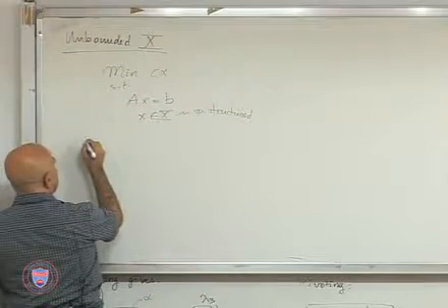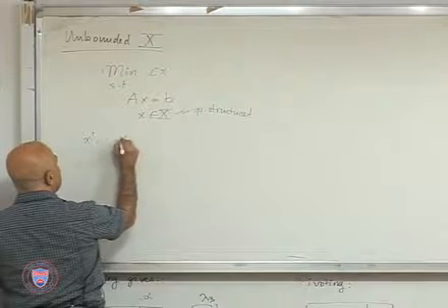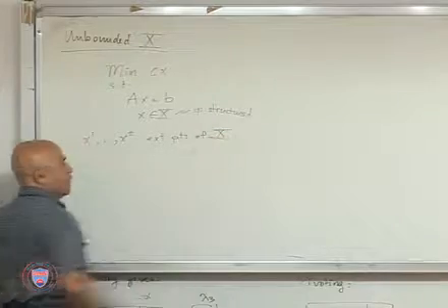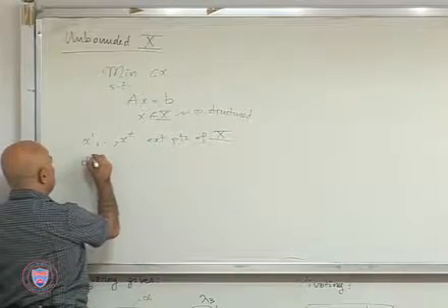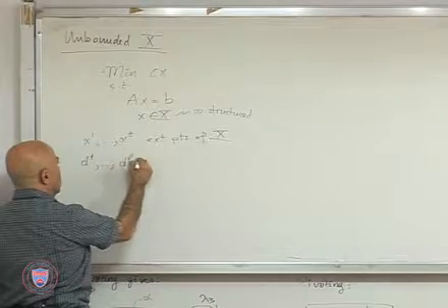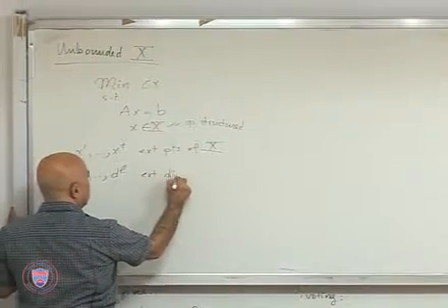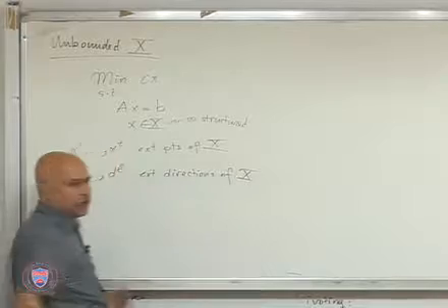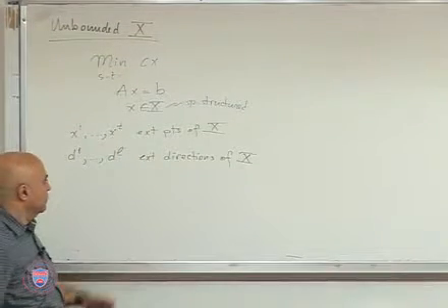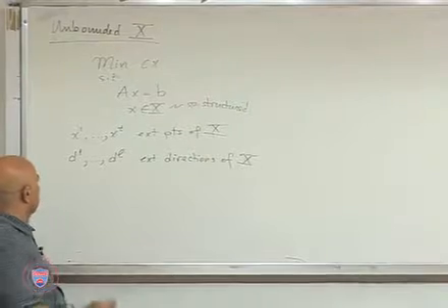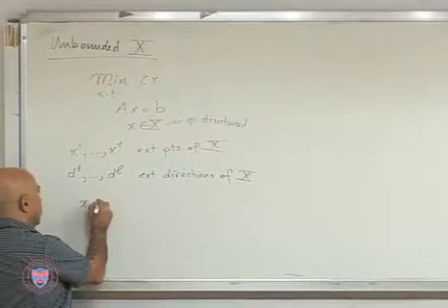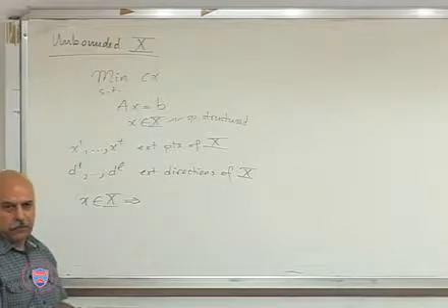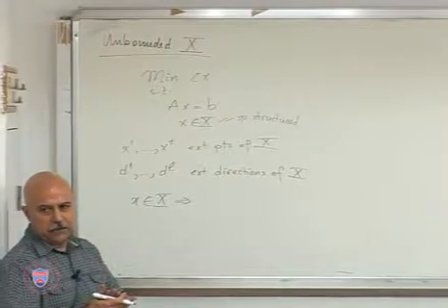So we assume x1 through xt are the extreme points of X, and let's just assume d1 through, say, dl are the extreme directions of X. So now you also have directions. So you can represent any x in X as a convex combination of the extreme points plus a non-negative combination of the extreme directions.